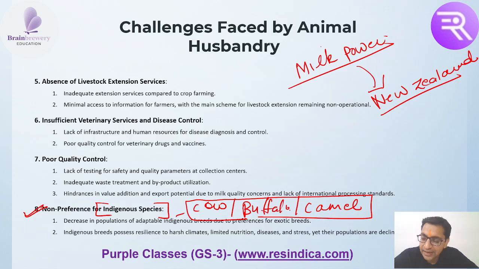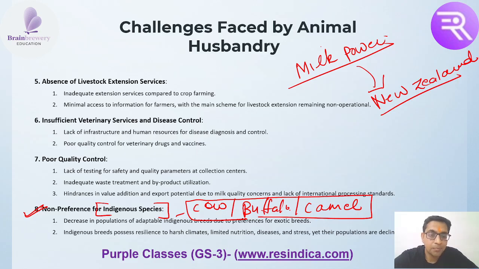We think that by bringing some international breed we will increase milk production, but we have to keep in mind that an international breed like the Jersey cow works well in the atmosphere where it grows. Indian cows work in the atmosphere in which they grow. So we have to give preference to our indigenous species.